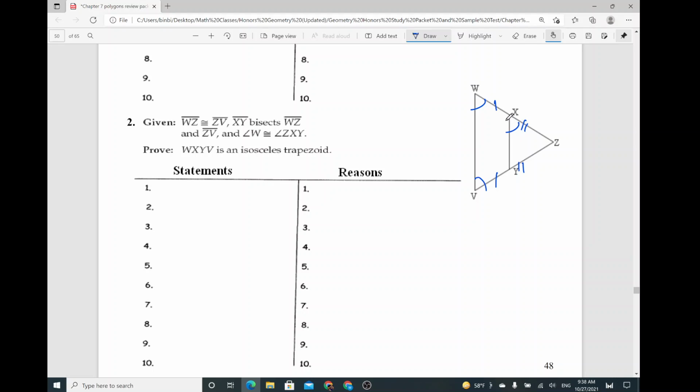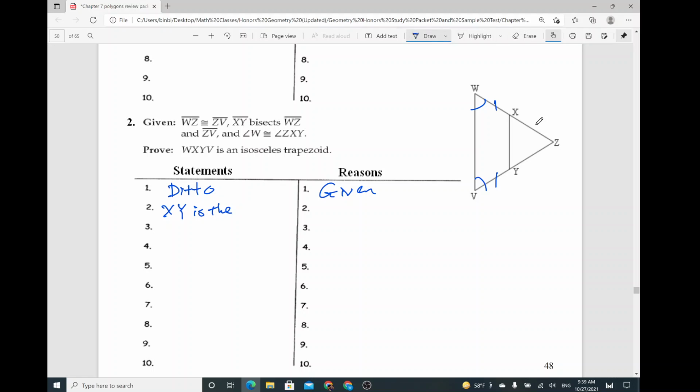So in order to show that, let's start with the given. WZ is congruent to ZV, okay? If this one is a segment bisector, so after the given, I'm not going to rewrite that. You can say that XY is the midsegment. Instead of saying it's a midsegment, you can use that as a segment bisector.